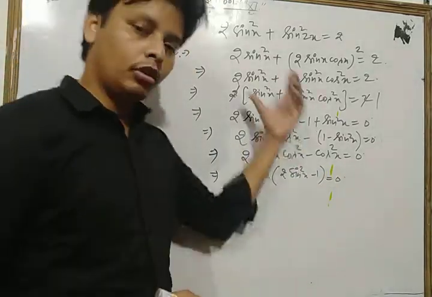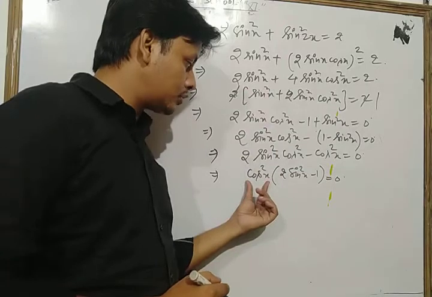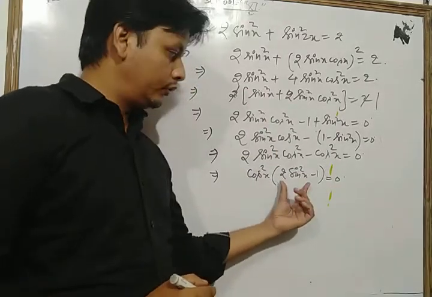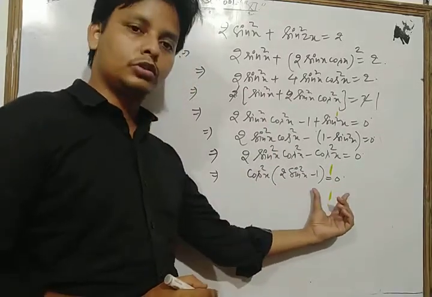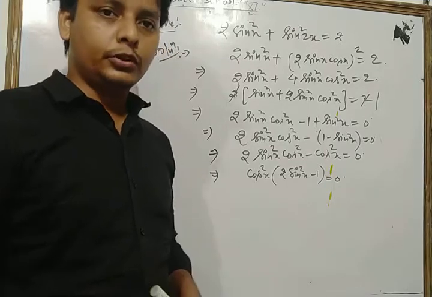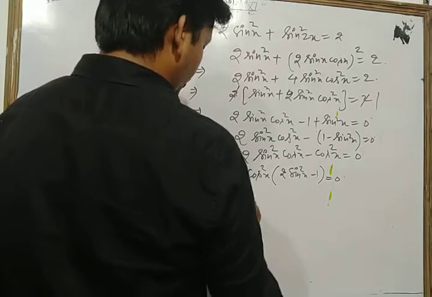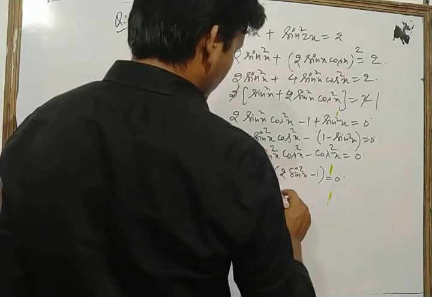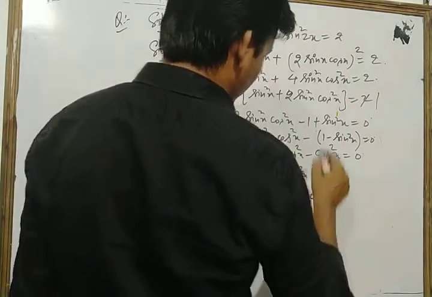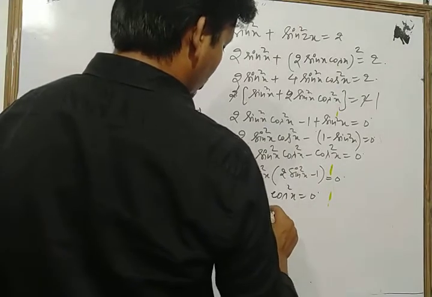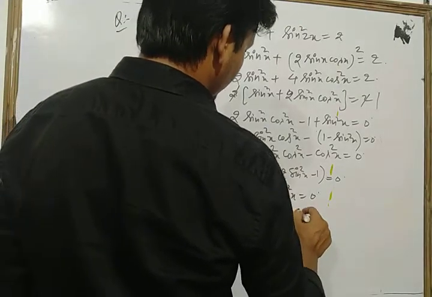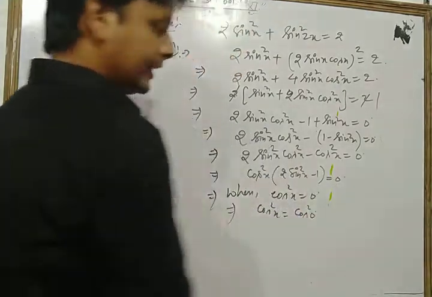Now we solve the trigonometry equation. Now we take cos square x is equal to 0. Now we take 2 sin square x minus 1 is equal to 0. Hence we get two required solutions of that trigonometric equation. Let's see. First, when cos square x is equal to 0, then we get cos square x is equal to cos square pi by 2, because the value of cos 90 is 0.